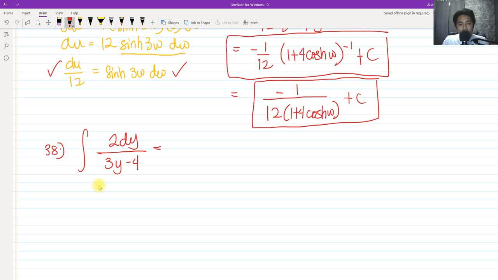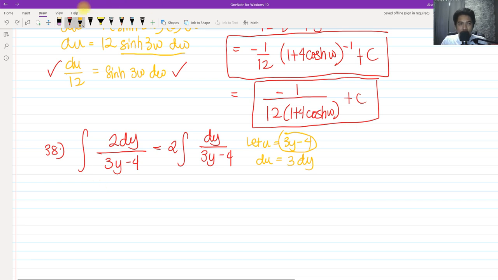We can factor out 2 outside of the integral, and then we have dy all over 3y minus 4. If we do that, we can use u substitution. We let u be 3y minus 4, then the derivative of u with respect to y would be 3 dy. The derivative of negative 4 would be 0, and the derivative of 3y is simply 3 with respect to y. So I have dy in my numerator.